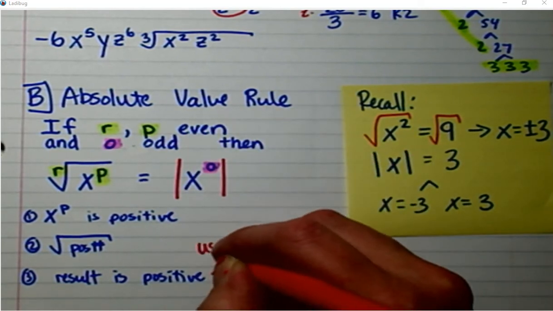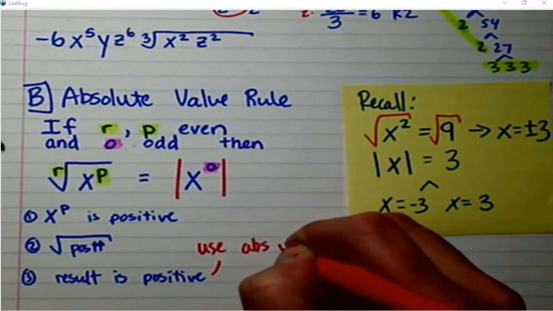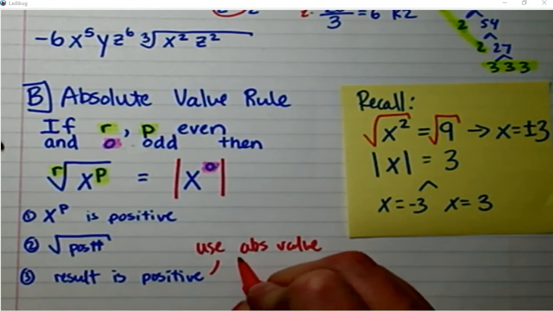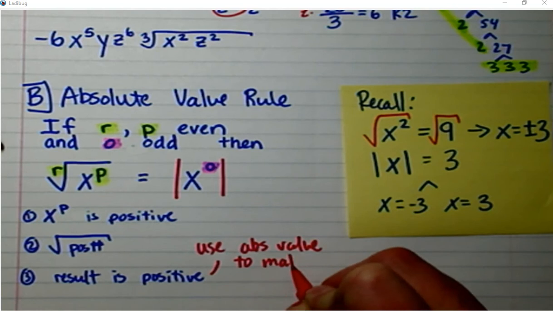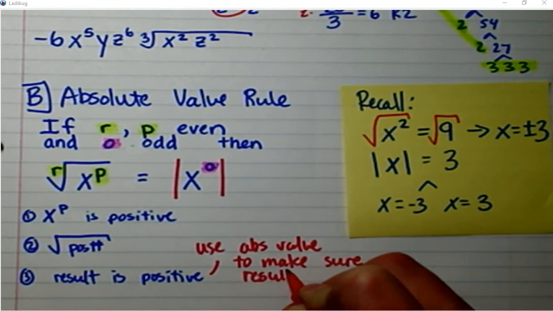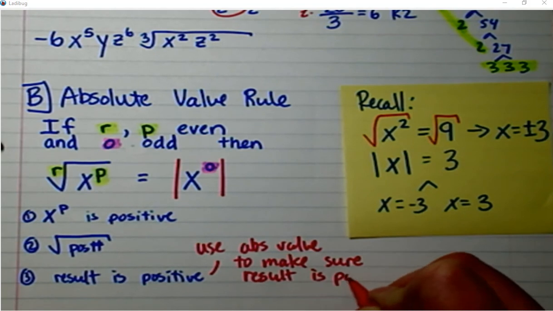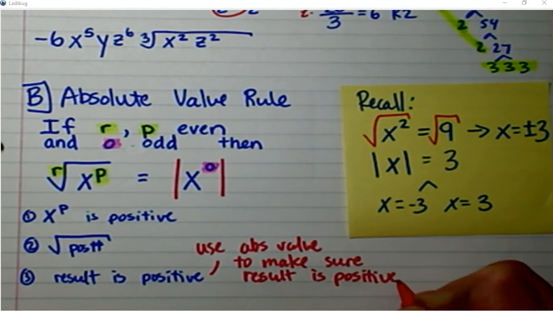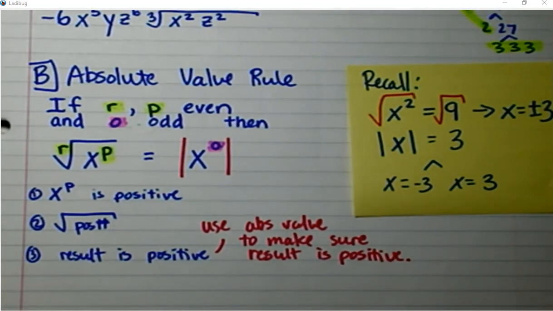Okay? So we use absolute value to make sure the result is positive. That's why we use it. Okay.